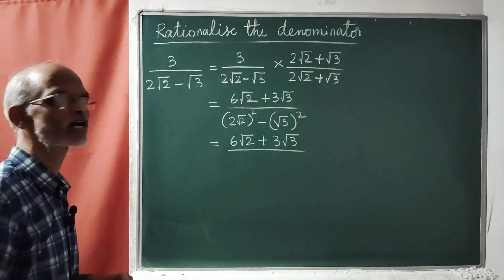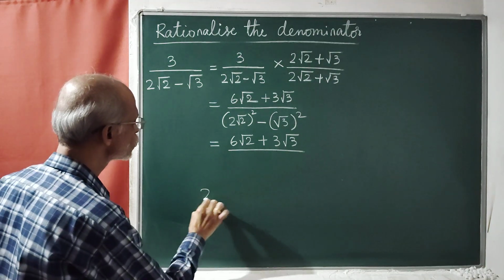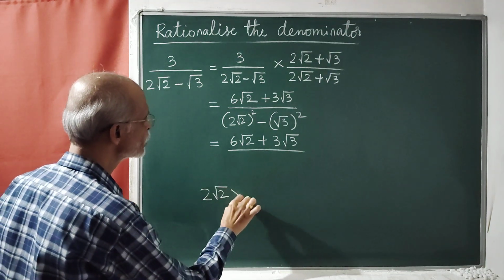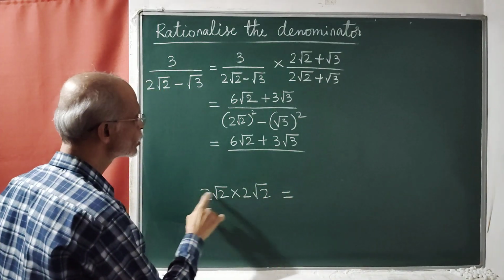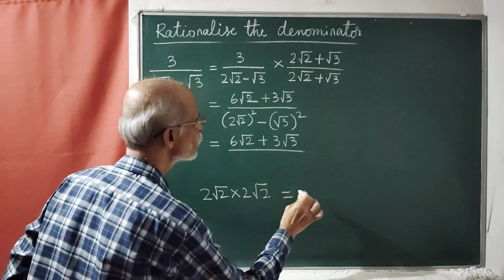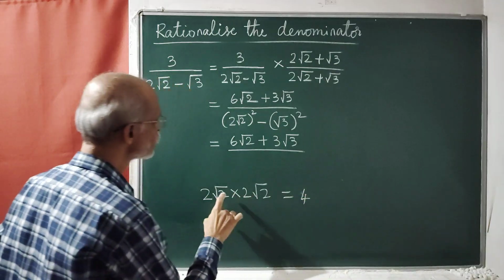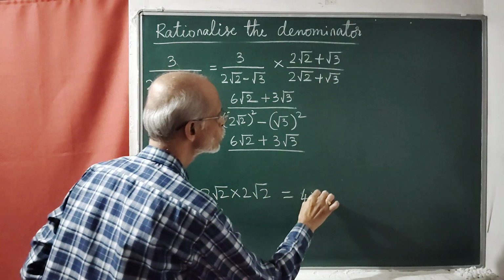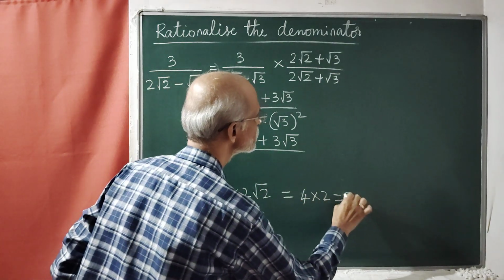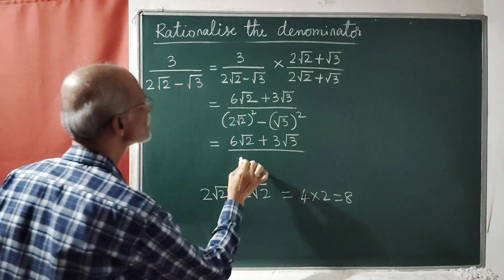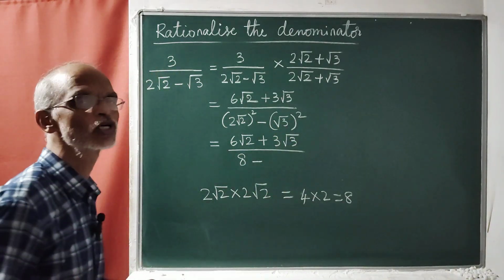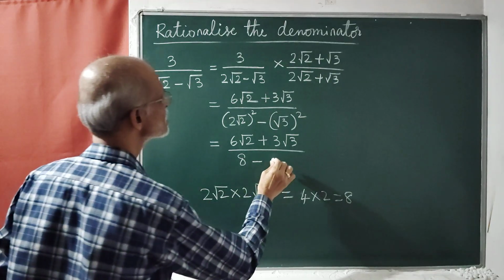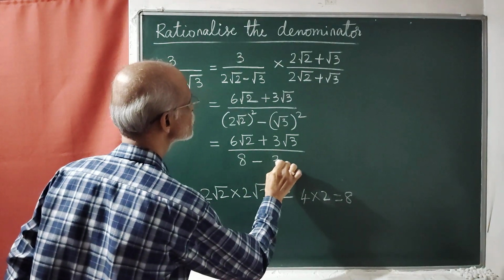2 root 2 whole square means what? 2 root 2 into 2 root 2. What will we get? 2 into 2 is 4. Root 2 into root 2 is 2. We get 8. So we will get 8 minus root 3 square, root 3 into root 3 is 3.